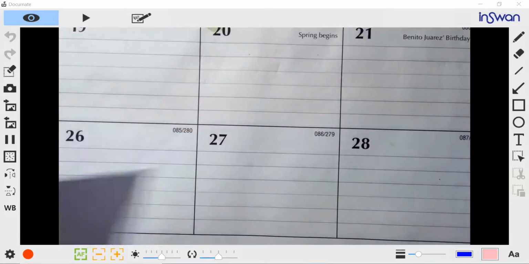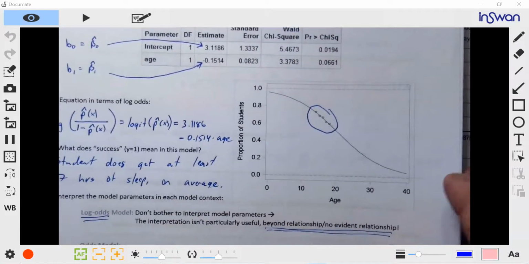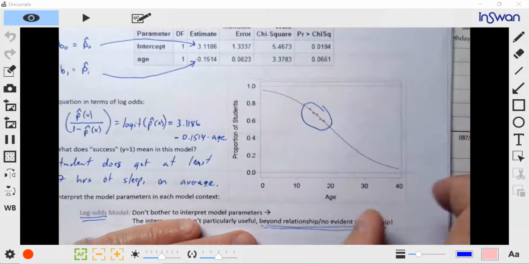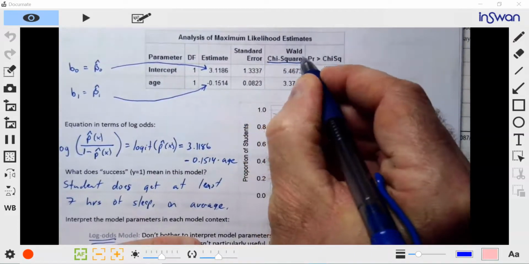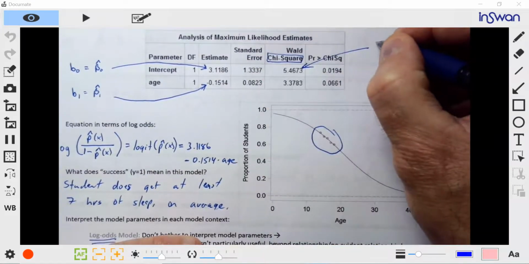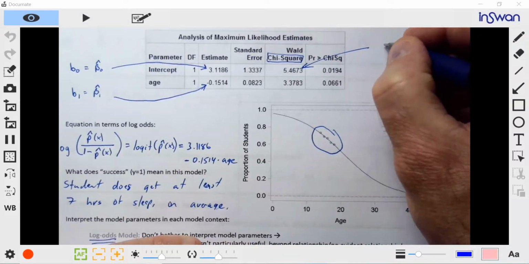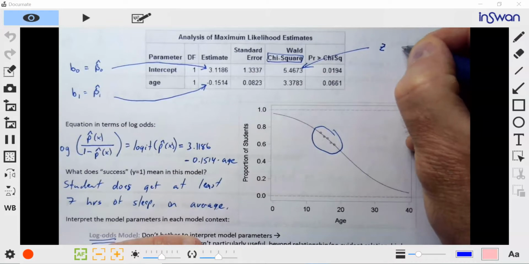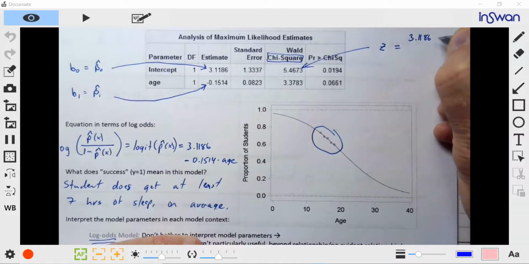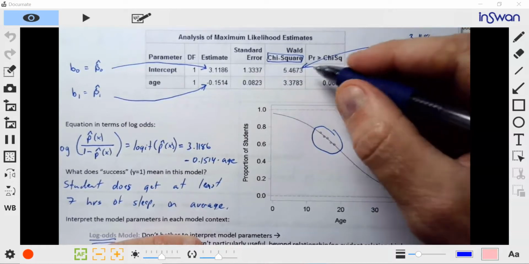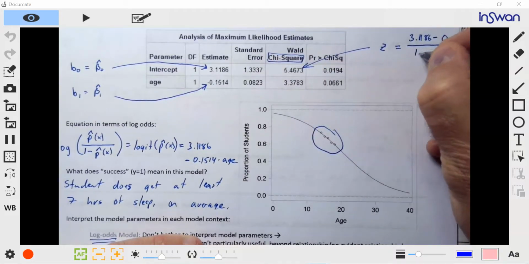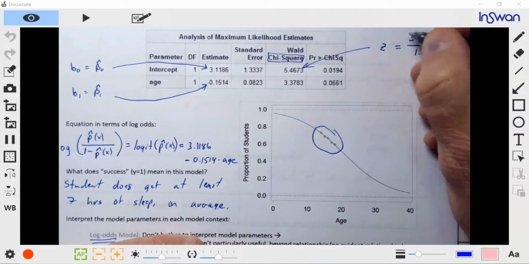So going back to our table, what did we see here before? Notice that SAS gives you chi-squared test statistics. What this actually is: z is equal to 3.1186 minus the null value, which is always 0 for these test statistics, so you can just plug 0 in, divided by its standard error, 1.3337.